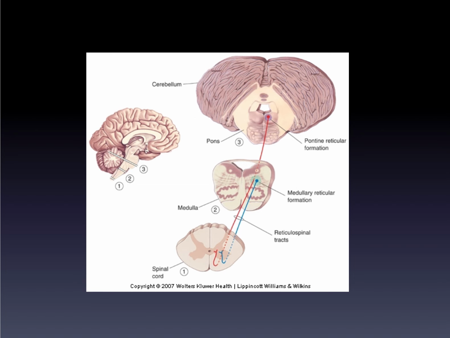The pontine one seems to enhance them, or turn them up, and the medullary one seems to reduce them. So we have this give and take control of this, and this seems to essentially turn these on and off.